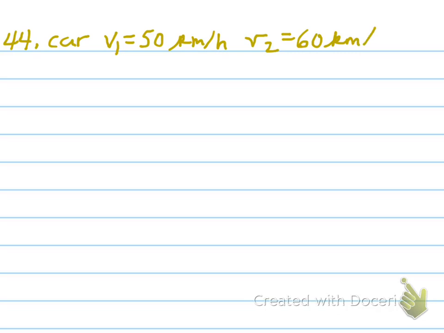Number 44. Which has more acceleration when moving in a straight line? A car increasing its speed from 50 to 60. So we have our car with our first velocity 50 kilometers per hour and our second velocity being 60 kilometers per hour.